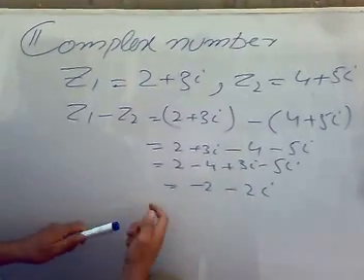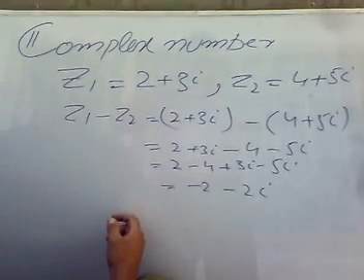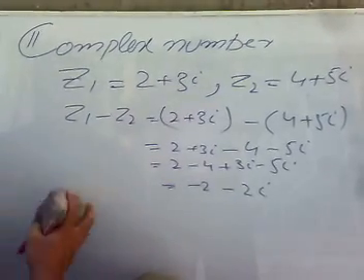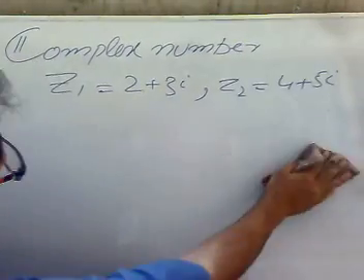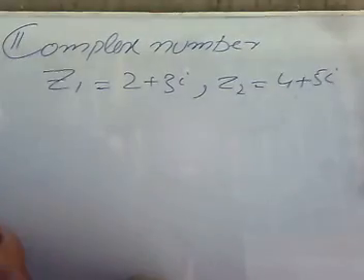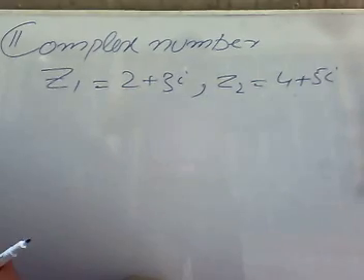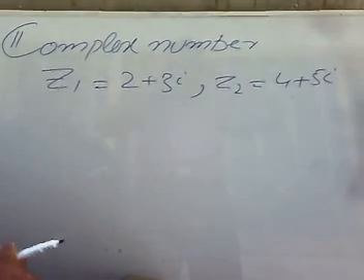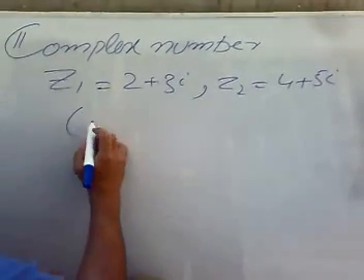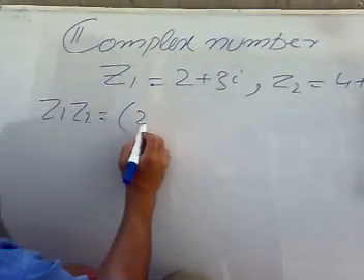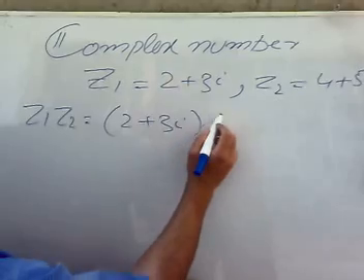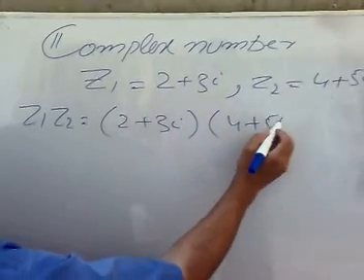So this is the difference of two complex numbers. If we want to find the product of these two numbers, we will do simple algebraic multiplication, with a little bit of difference, and you can say that we will take care of iota in that. There is not much other difference. Suppose I want to calculate z1 z2, it would be 2 plus 3 iota into 4 plus 5 iota.